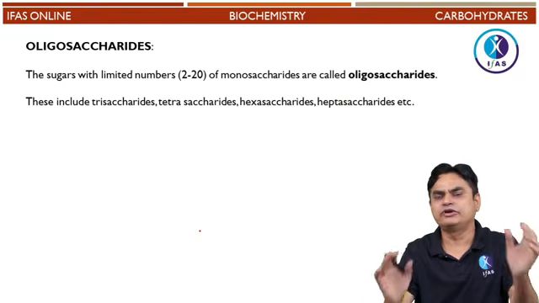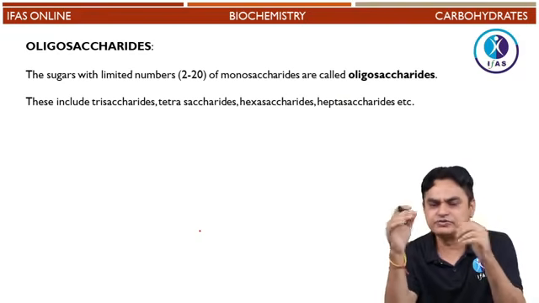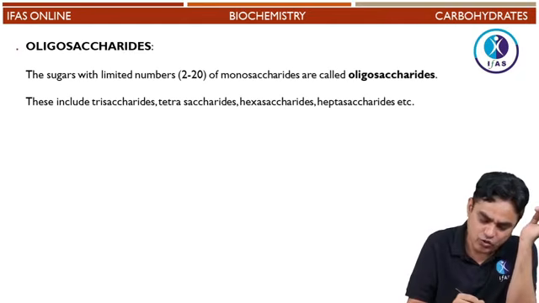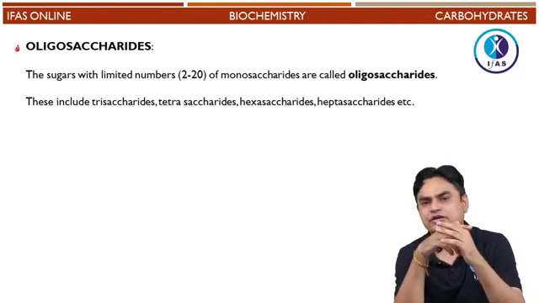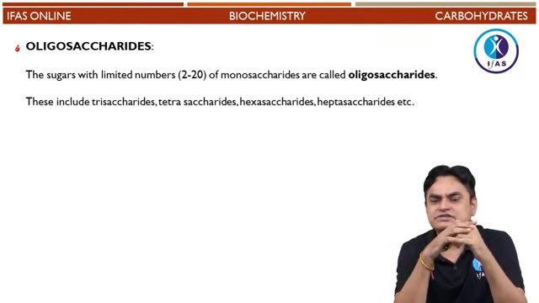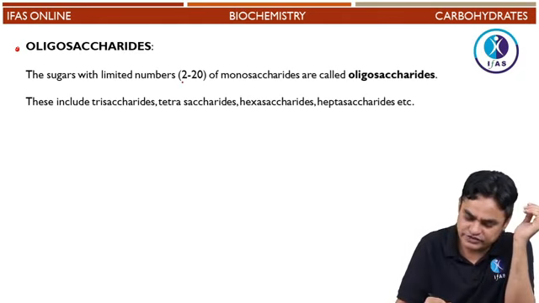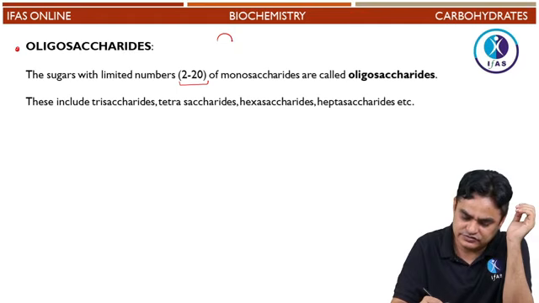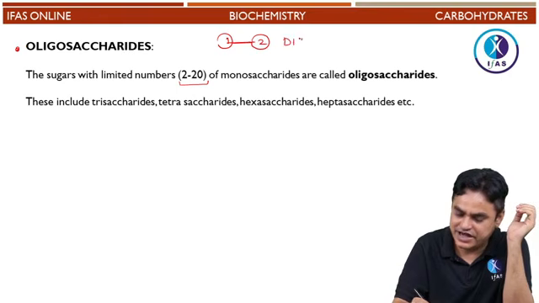Now moving to the higher version of sugars, polysaccharides, and the simplest polysaccharides are oligosaccharides. Oligosaccharides are the simple polysaccharides where the number of monosaccharides is 2 to 20. If there are only two sugars linked by a glycosidic bond, it is referred to as a disaccharide.